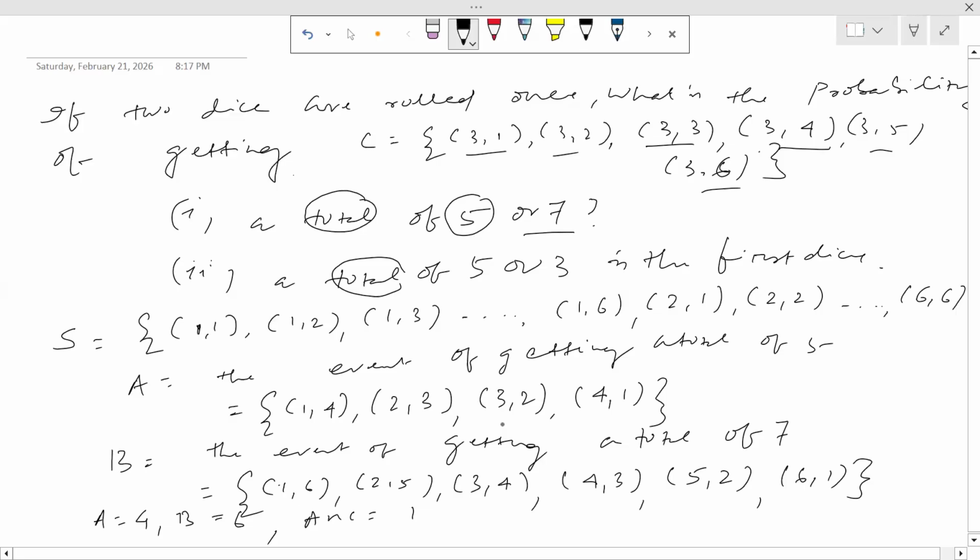Because if you see A intersection C, 3-2 is coming. It is there in both A and C, right? A and C is A intersection C. Because already we have discussed A and C means A intersection C, right? Yes, sir.